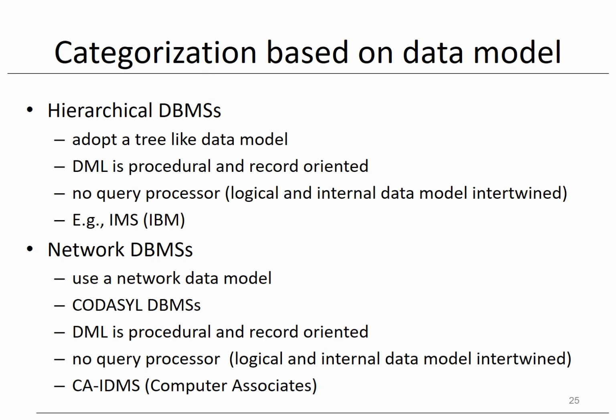Consequently, the definitions of the logical and internal data model are also intertwined. Popular examples are CA-IDMS from Computer Associates, UDS from Siemens Nixdorf, DMS 1100 from Unisys, and Image from HP. Both hierarchical and CODASYL DBMSs are legacy database software.